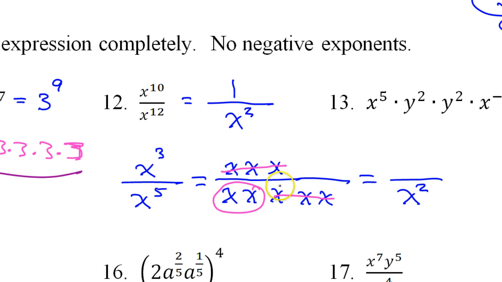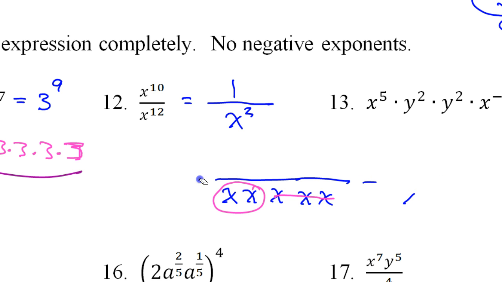Now really, when we're canceling, we are dividing something by itself. X divided by x is 1. So it makes sense that we'll put a 1 up here sort of as a placeholder of the numerator. So that's what's happening. That's why x to the 3rd power over x to the 5th power becomes 1 over x squared. Now it's the same thing that happened on this problem, number 12.